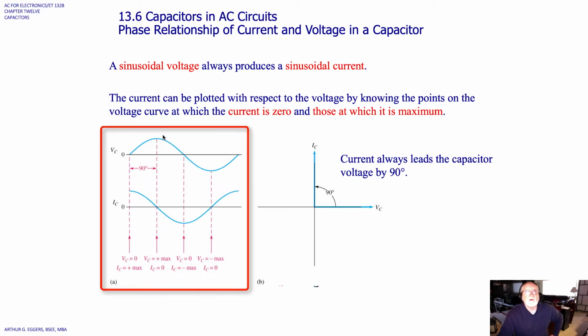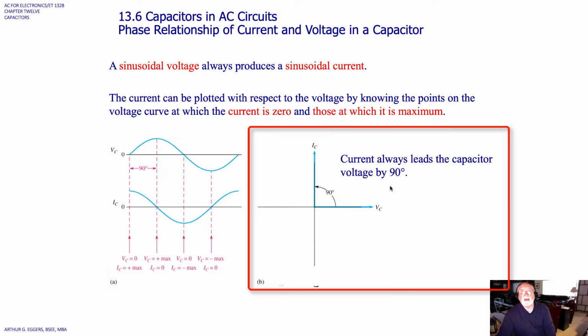So you can see here we're starting to develop this relationship, the voltage across the capacitor as it varies with time. Okay, one single sinusoidal cycle here. You can see the corresponding current then is showing us that when voltage is 0, current is maximum. When voltage is maximum, current is 0, and it progresses.